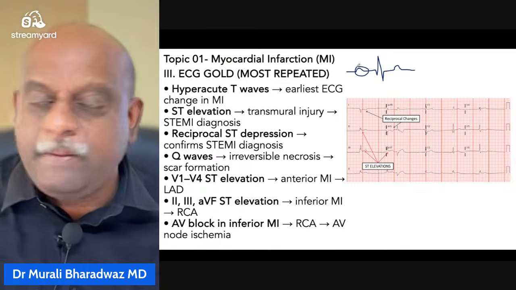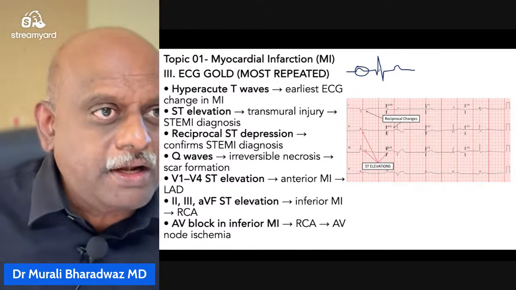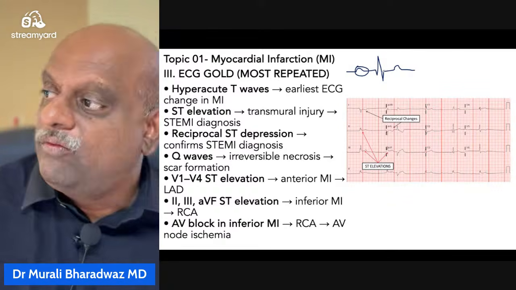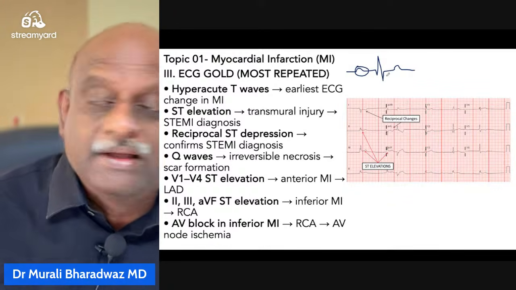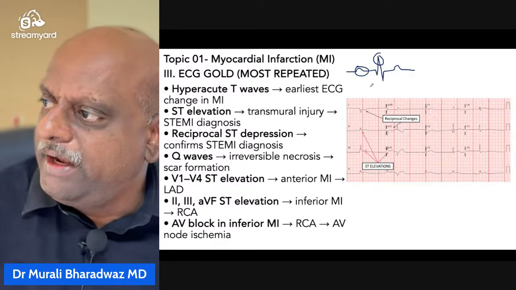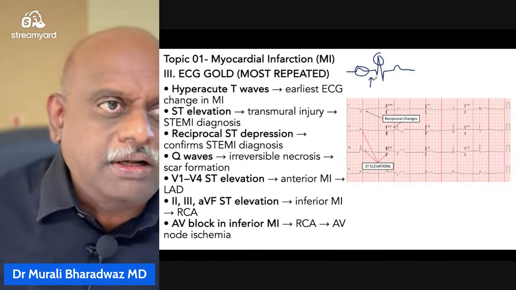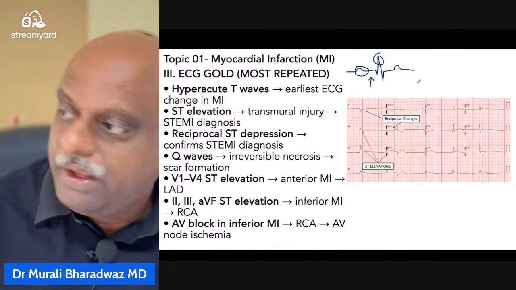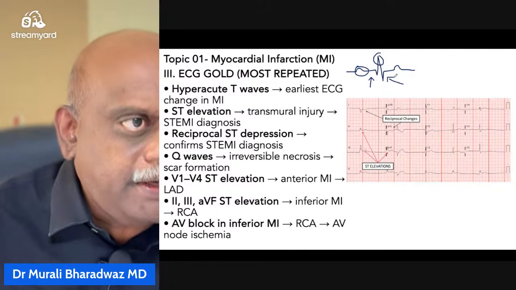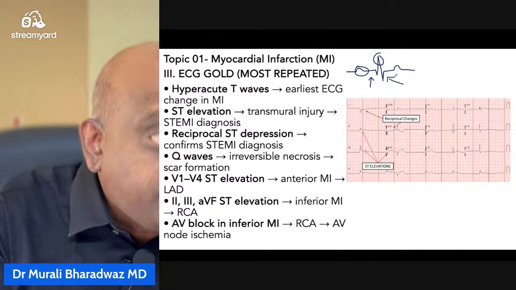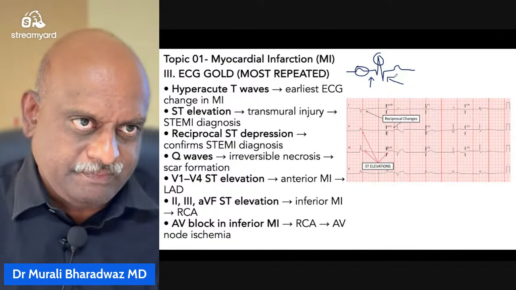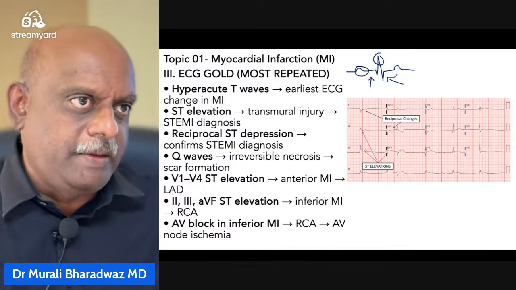P wave is atrial depolarization, QRS is ventricular depolarization, T wave is ventricular repolarization. What is Q? What are R and S? Any positive wave is called R. Any negative wave before the positive wave is called Q. Any negative wave after the R wave is called S wave. Put together, QRS is the sign of ventricular depolarization.